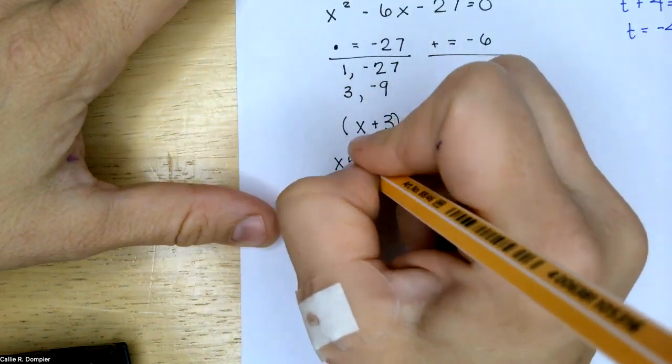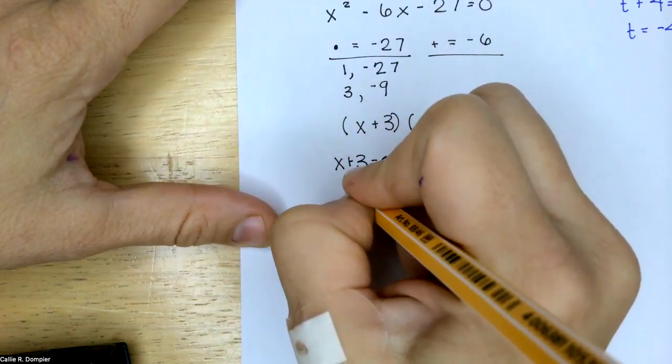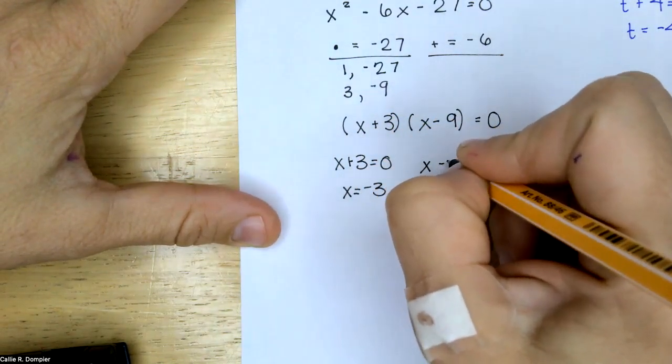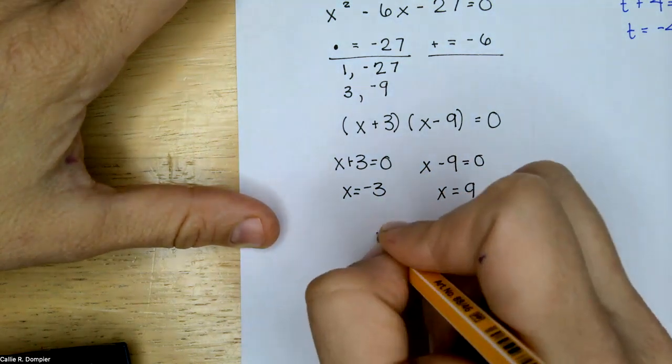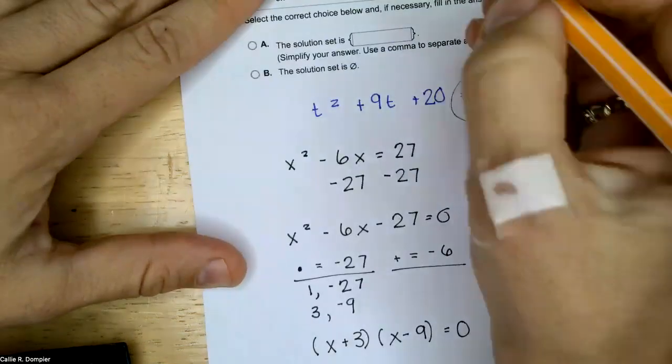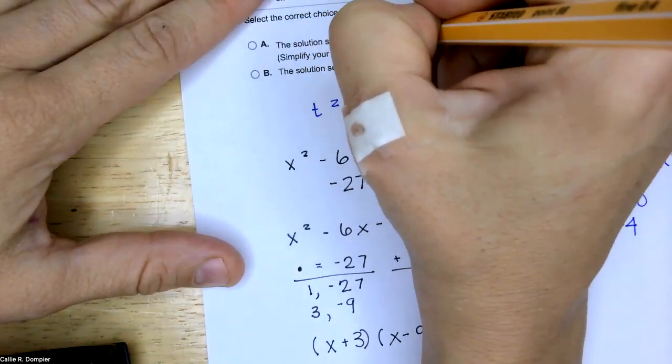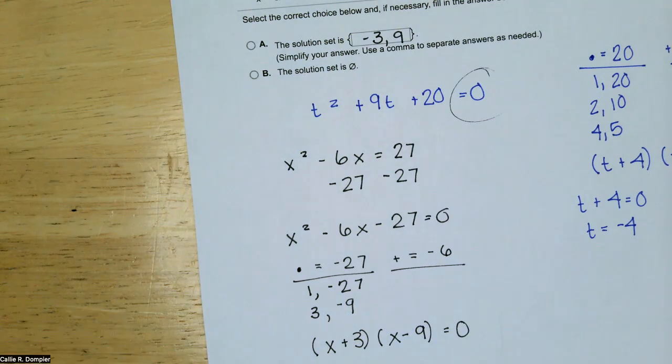That means x plus 3 is 0, x is negative 3. X minus 9 is 0, x is a positive 9. So the solution set is negative 3 and 9.